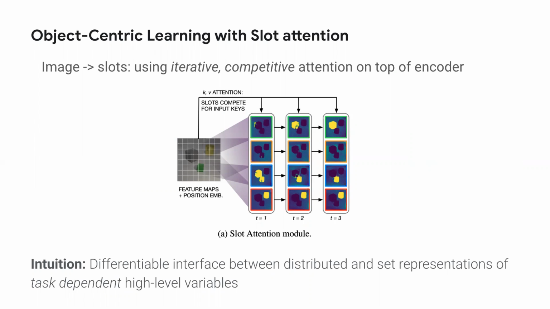It takes as input a feature grid and outputs a set of task-dependent high-level variables. And it does so using an iterative attention where there is competition, so that the queries of the attention mechanism specialize on individual objects or high-level entities.